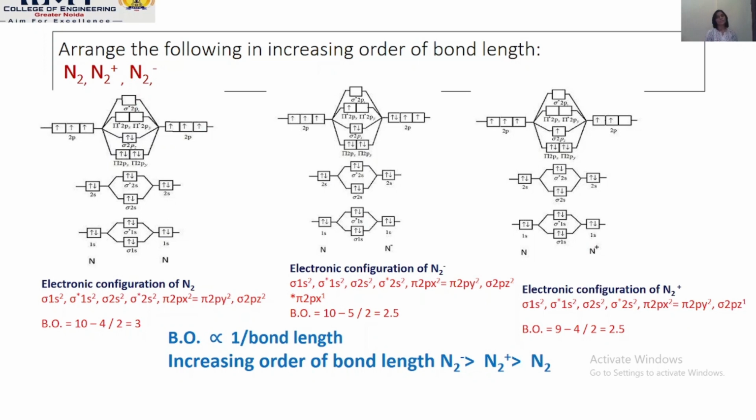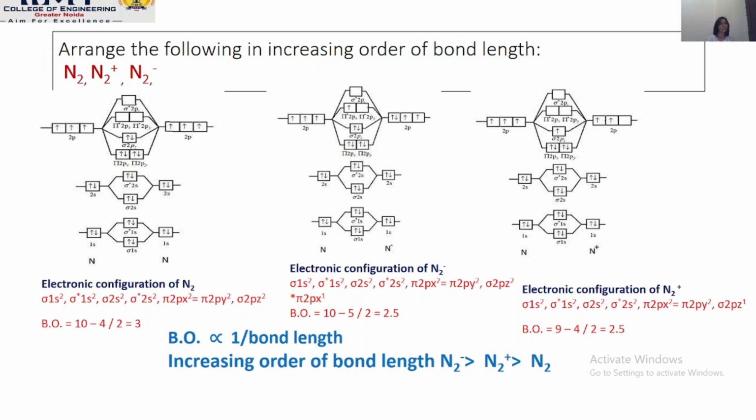Electronic configuration of N2 plus is sigma 1s2, sigma star 1s2, sigma 2s2, sigma star 2s2, pi 2px2 equal to pi 2py2, sigma 2pz1. So the bond order of N2 plus is 2.5, the number of electrons in bonding is 9 and in antibonding is 4. The bond order of N2 minus and N2 plus is 2.5, which is the same. In this case, we will observe the electrons in antibonding.